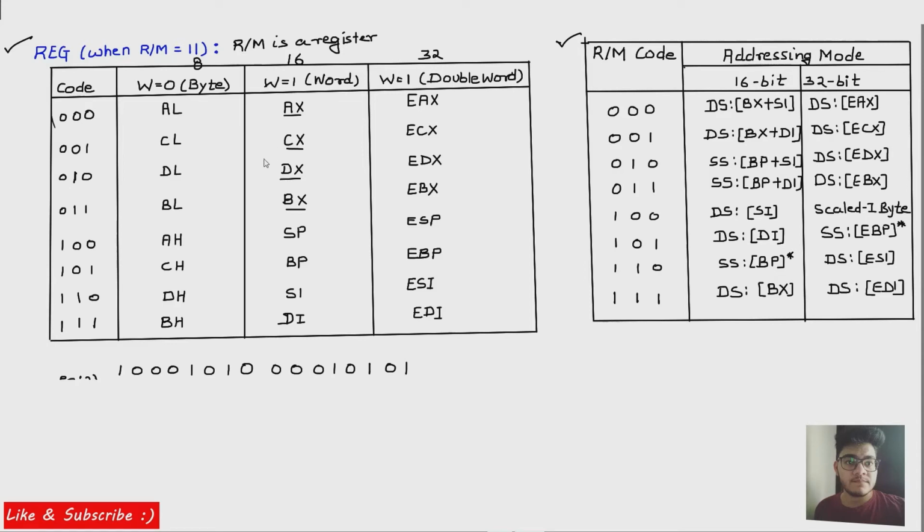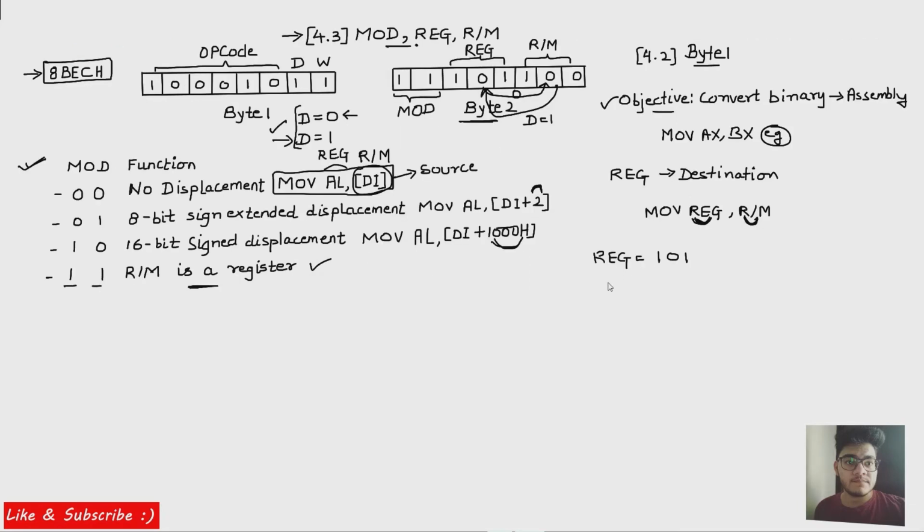Here you can see 1 0 1 is here, right? Now we have to take care of W also. W was equal to 1, and we already know that our instruction is a 16-bit instruction. So the REG field will be BP. So if REG equals 101, it means that REG is equal to BP.